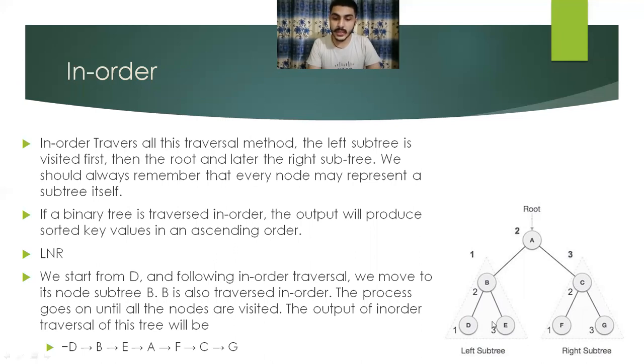L means left, R means right, and N means node. So we start from here. L, here is D, and then we move to N, B, and then R, we move to E. Okay.